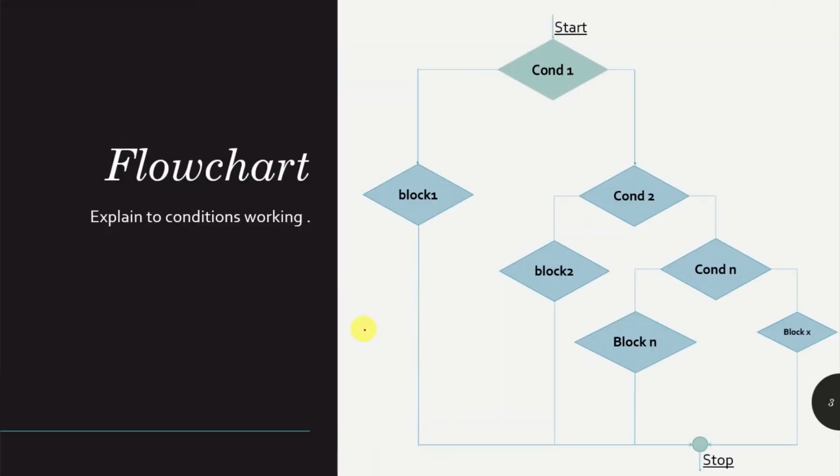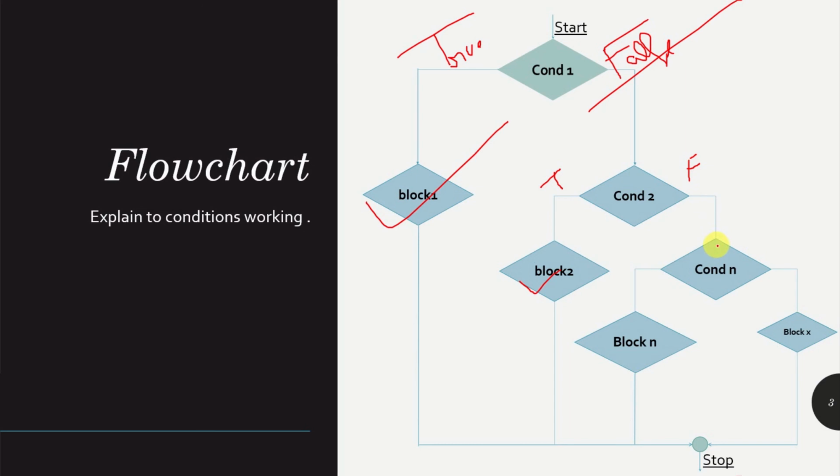Okay, so here is the flowchart explaining how the conditions work. The program starts with the first condition. If it is satisfied, it means true, then it goes to this block and executes it. If it is false, then it goes to the second condition, and if that condition is true, it executes this code, and if it is false, it goes to the next condition, condition n.